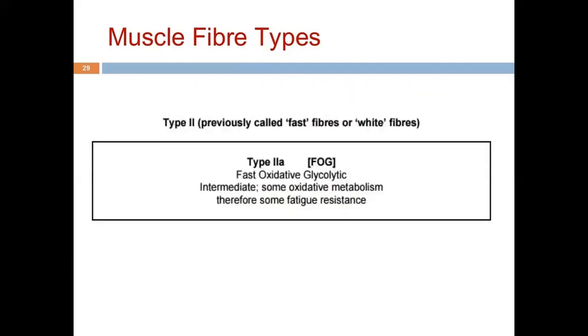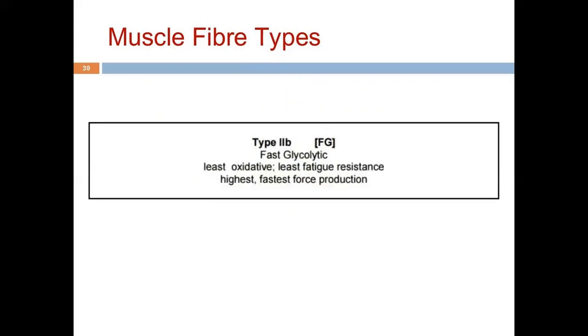Type 2, as we have already seen type 1, is previously called white fibers. Type 2A is fast oxidative glycolytic, FOG. It is intermediate, with some oxidative metabolism, therefore some fatigue resistance. Moving on to type 2B, it is fast glycolytic, FG. It is least oxidative, least fatigue resistant, with the highest and fastest force production.